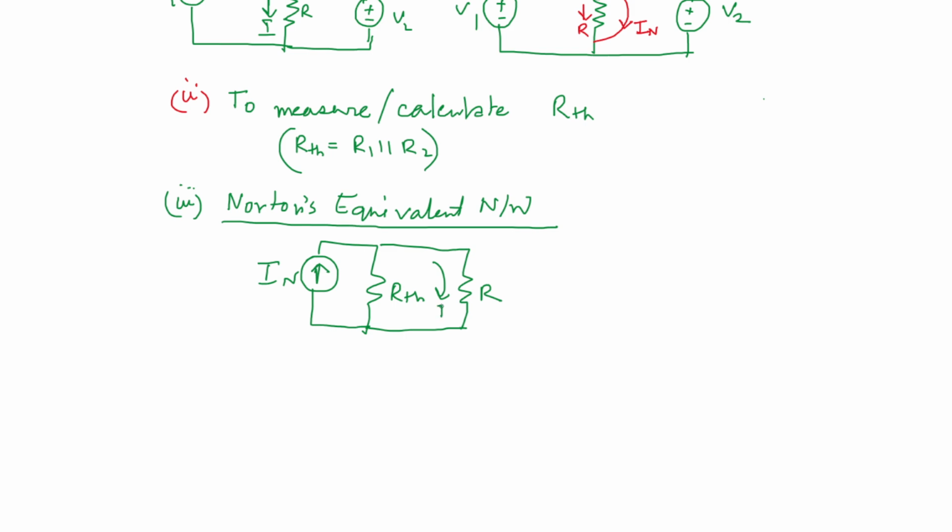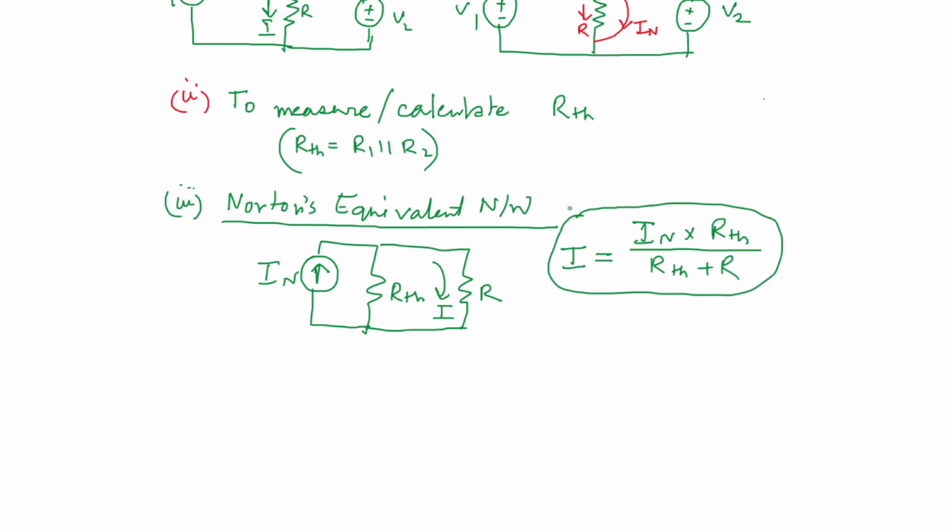So the current flowing through R will be calculated by the current division rule, that is total current into the resistance of the other branch, which is RTH in this case, divided by the summation of the two resistances, RTH plus R. So this is the philosophy of Norton's theorem.